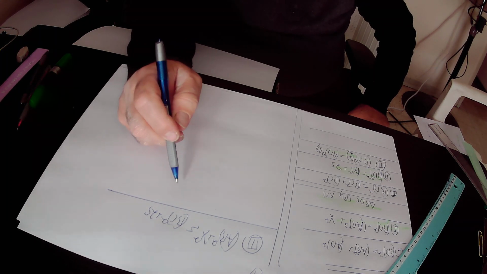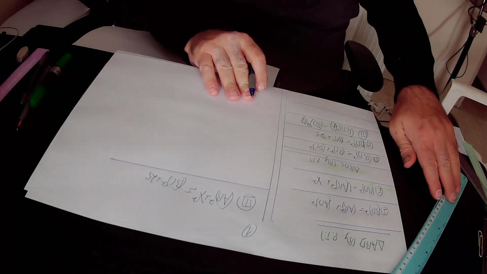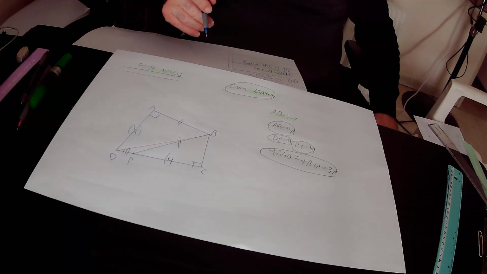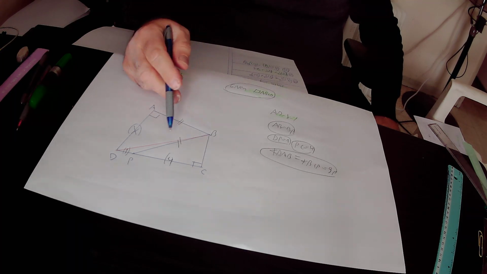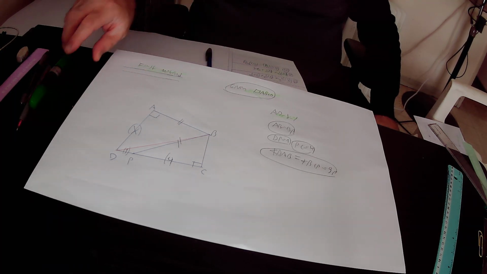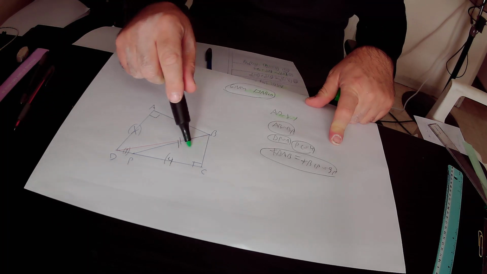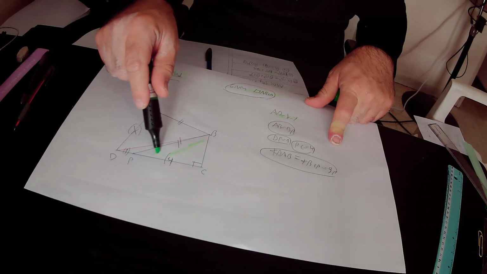In the next step, we implement the Pythagoras theorem on this small green right triangle BPC.